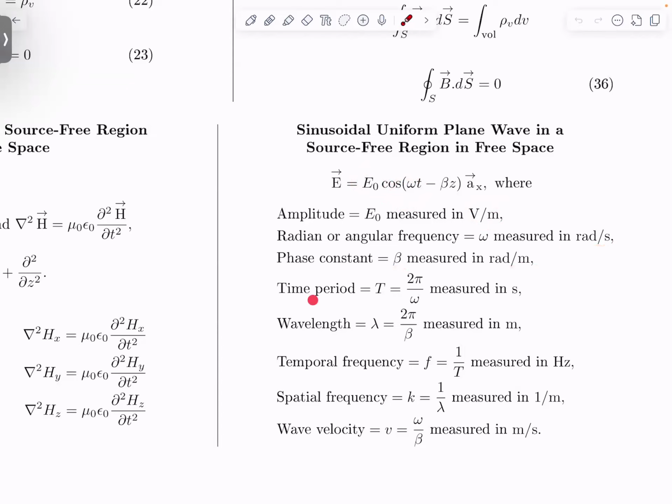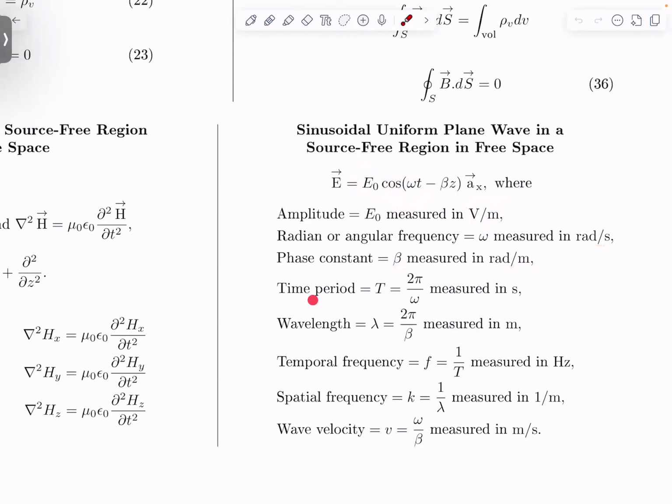So consider again a sinusoidal electric field. Let's say E equals E naught cosine of omega t minus beta z, in the a_x direction. Let's try to draw this for specific values.